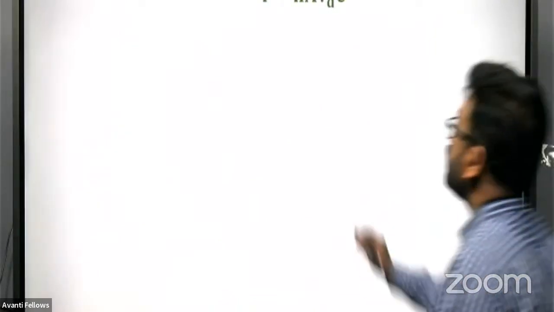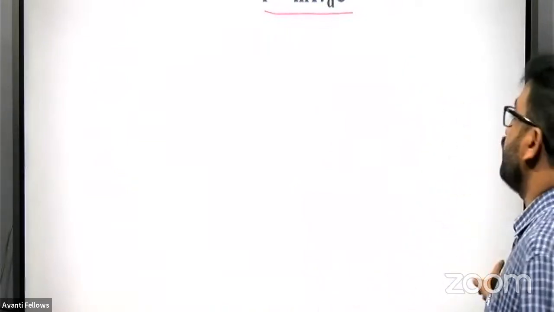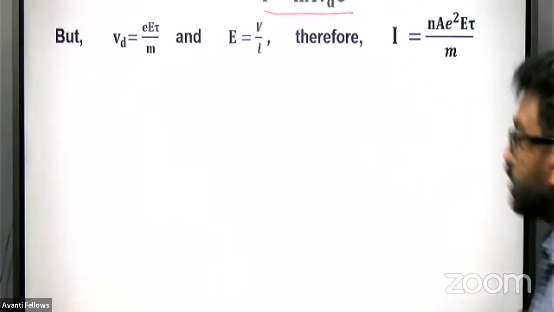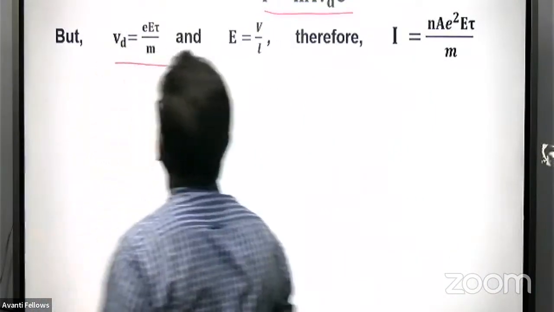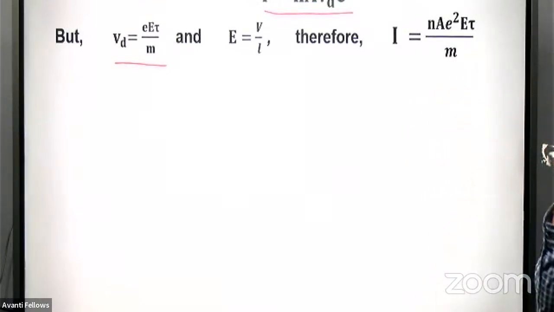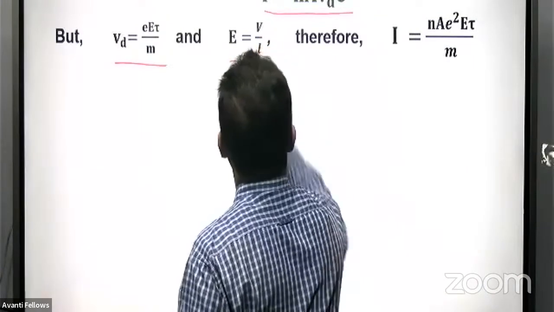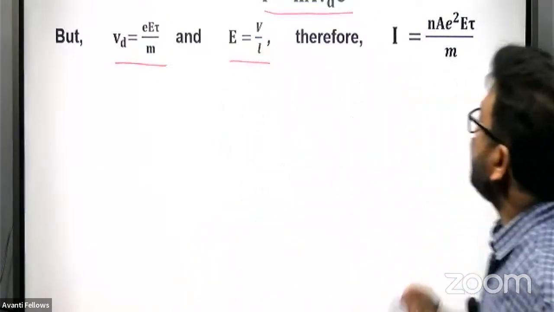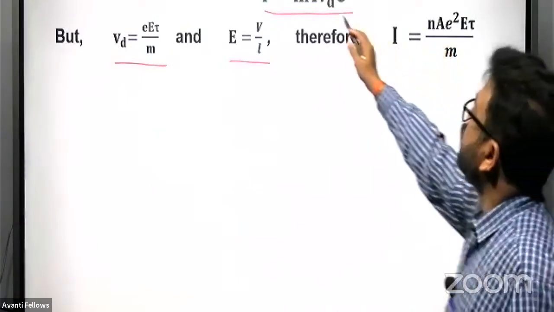So we have developed an equation I equals n A Vd multiplied by e, and we have the equation for drift velocity. It is E e upon m multiplied by tau. Tau is a relaxation time, and we know the electric field. Electric field is potential difference upon unit length. So there we can write the equation for I as substituting the value of Vd.